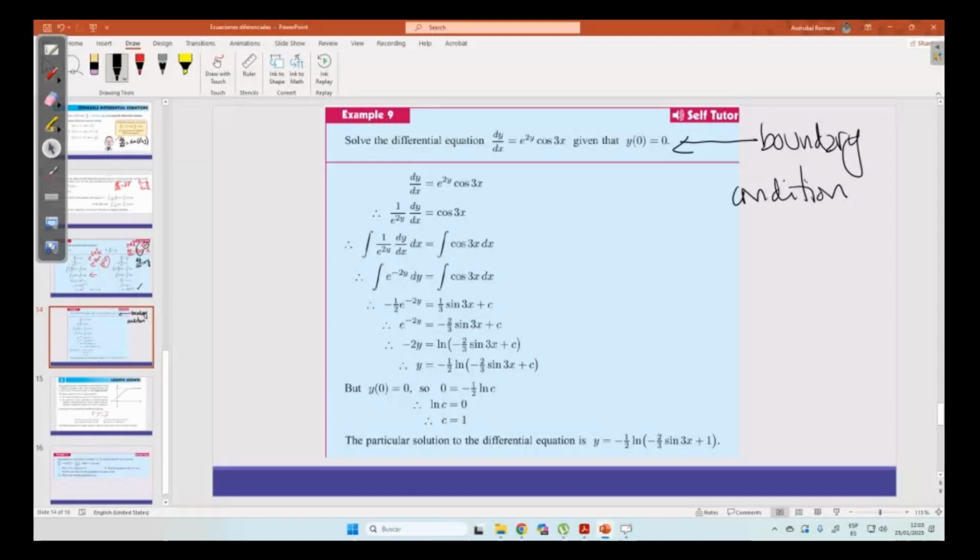And then again, here you got this function, but this function is separable. Why is it separable? Because you got the function of y here, and the function of x here. And then you pass this part to this side. You get e elevated to 2y, you put it here, divided, and cosine 3x, and they go all of these, but it's the same at the end.